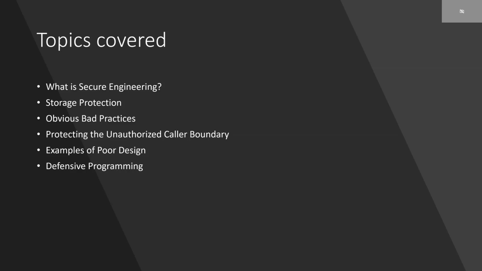We'll take you through some examples of poor design that I've seen out there in the wild. And then we'll cover some defensive programming techniques, things to keep in mind if you're writing this sort of code, to help prevent you being the cause of a breach.